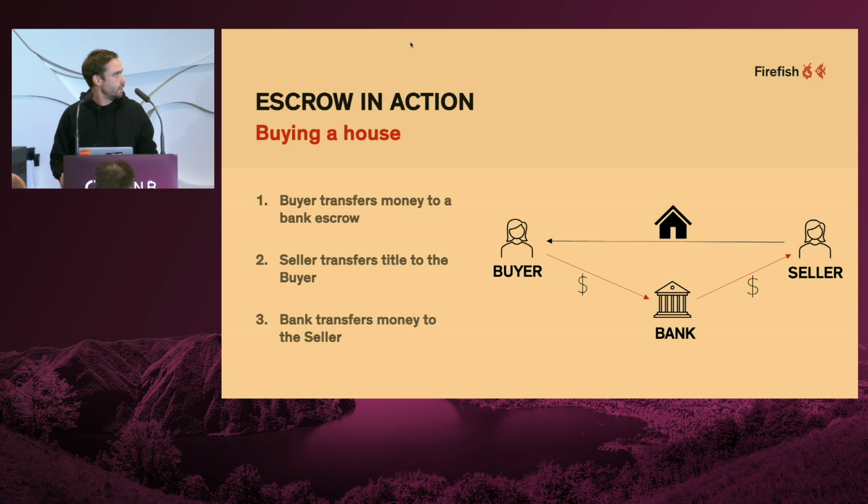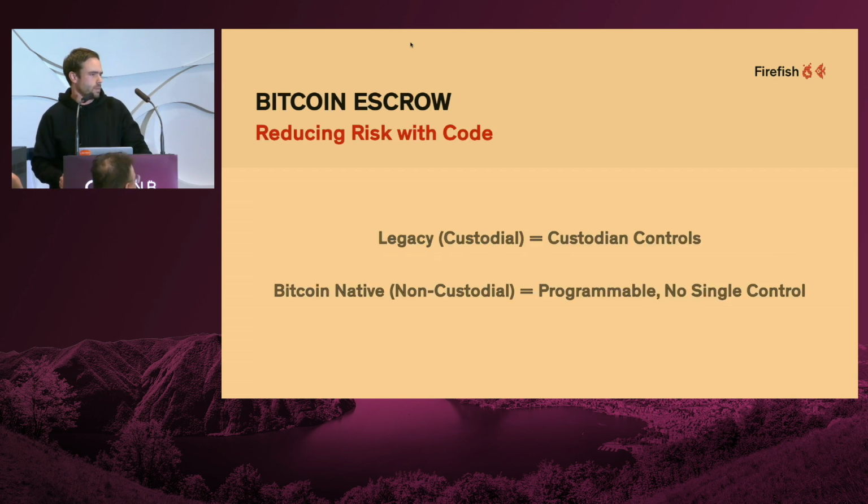We could do much better using Bitcoin, as on many other fronts. Payments can be better, a lot of stuff can be better using Bitcoin, and these kinds of transactions can also be better when using Bitcoin. You actually have two options for using Bitcoin in the context of escrow. One is pretty much the legacy version of it.